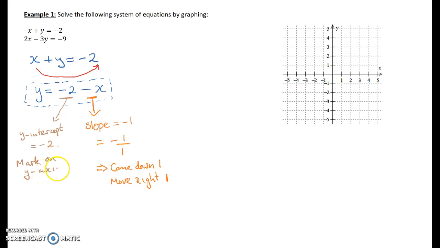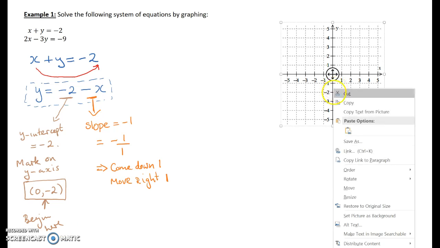Now, strictly speaking, the y-intercept is actually 0, -2, but for our purposes, we can think of it as being -2. So we're going to begin here. Okay, so we begin by marking 0, -2 on the y-axis.